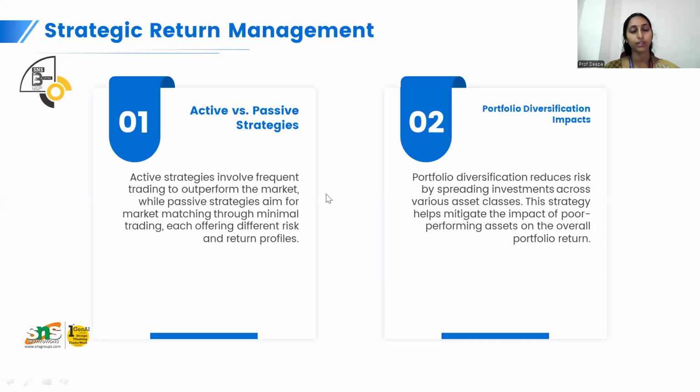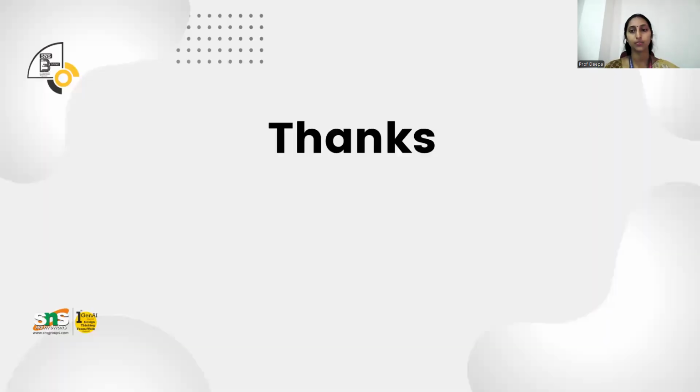Portfolio diversification reduces risk by spreading the investments in proportion, like 10 percent for bonds, 20 percent for debentures, 15 percent for stocks. You are diversifying all these things. That is the major task of diversification.